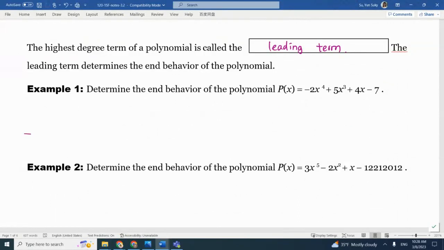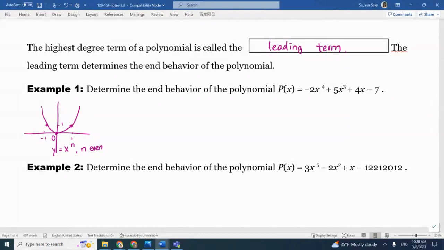Actually, for all the even powers, so let's say x to the n, when n is even, they all look like a U shape. They all pass through 0, 0, and 1, 1, and minus 1, 1. They all pass through these 3 points.